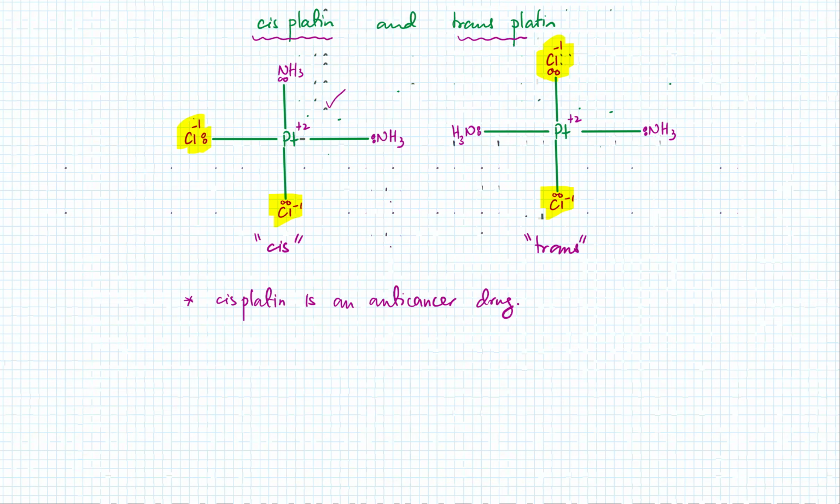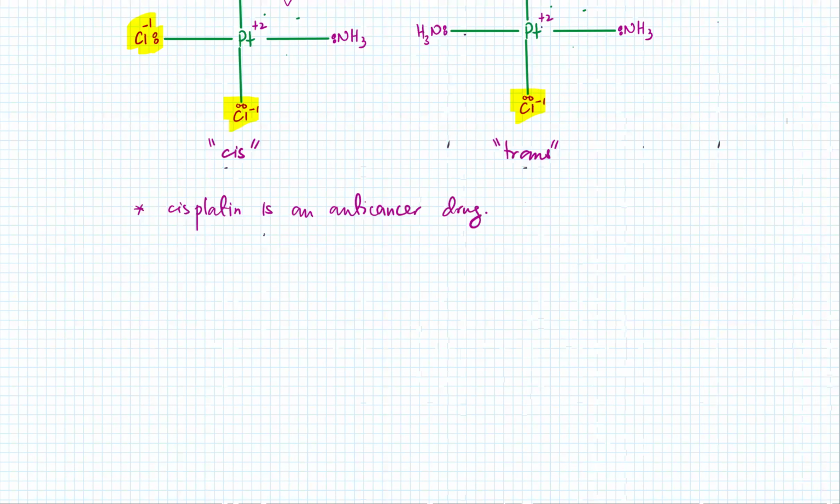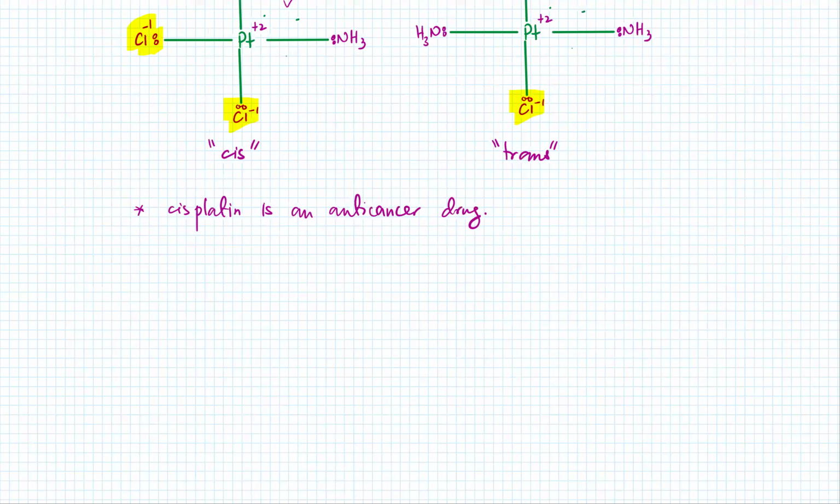So what happens is that DNA, I don't know if you're taking bio or not, is something like this. It's like a polymer chain. It's got a phosphate group, a sugar molecule, and a nitrogen base. And nitrogen has lone pairs, right?